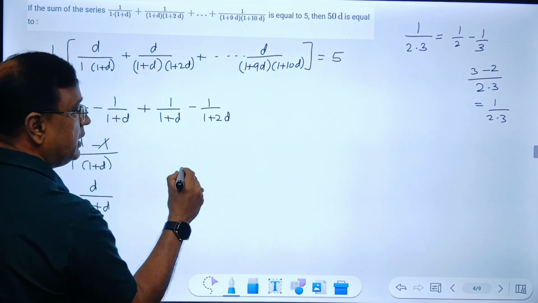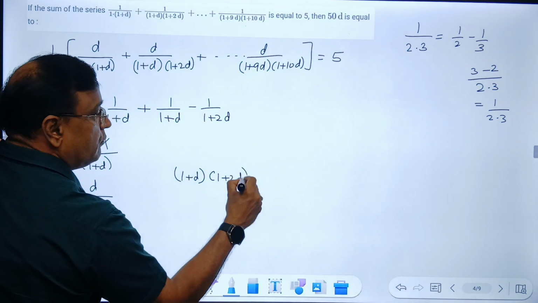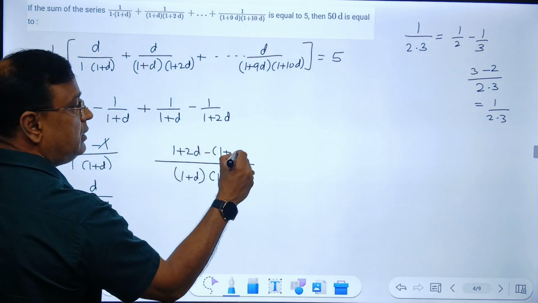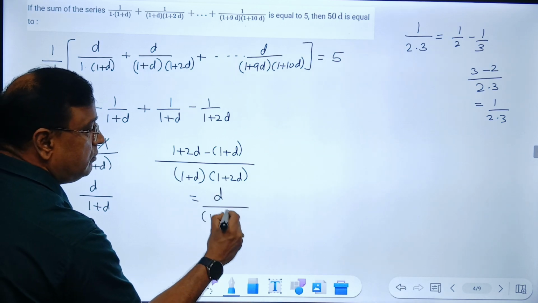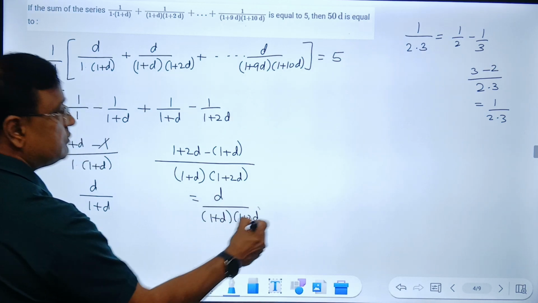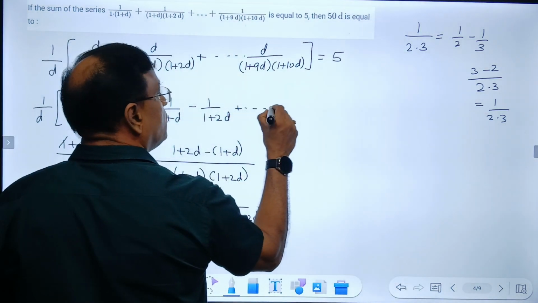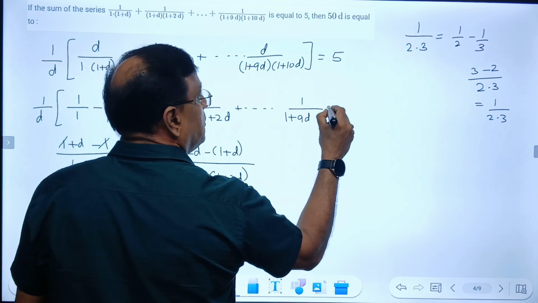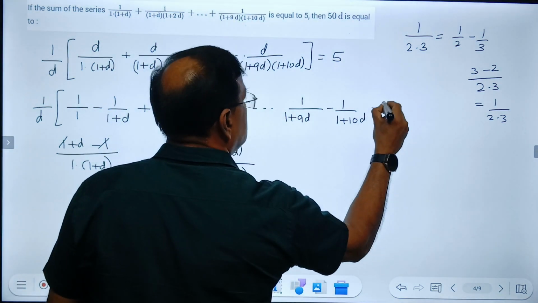Now you can test it again. The LCM is 1 plus d and 1 plus 2d. If you take LCM, what do you get? 1 plus 2d minus 1 plus d. So if you simplify this, I get d by 1 plus d into 1 plus 2d. It's a partial fraction, splitting it. Perfect. So if I continue this process, what will I get? 1 by 1 plus 9d minus 1 by 1 plus 10d, which is equal to 5.